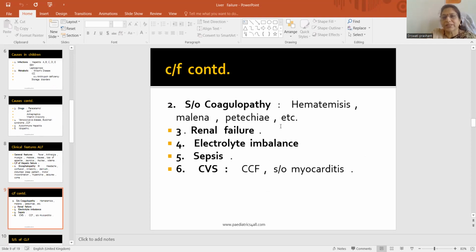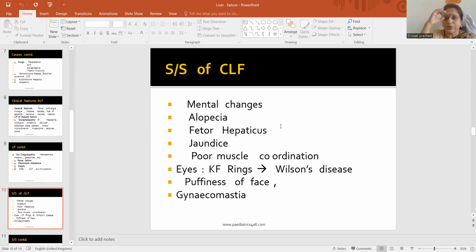So these are all the complications and symptoms occurring in acute liver failure.